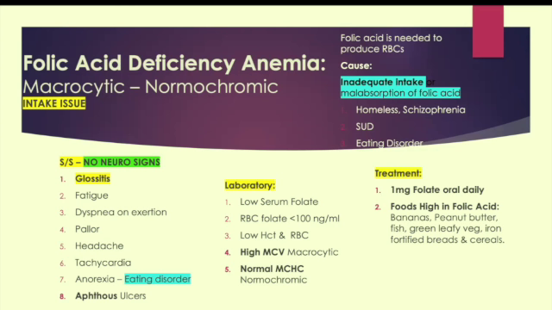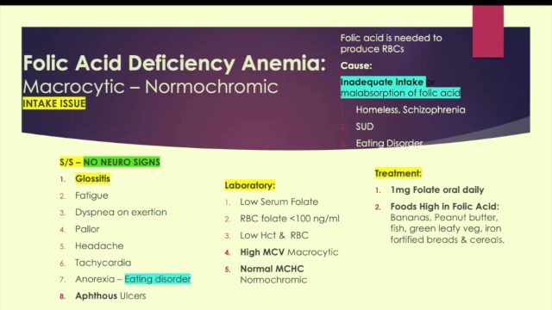And then they also have this thing called aphthous ulcers. So just something to look at and think about on the boards if you find that your patient is being identified with these presentations.